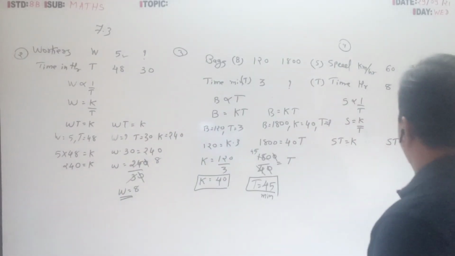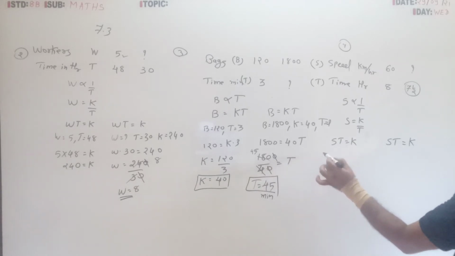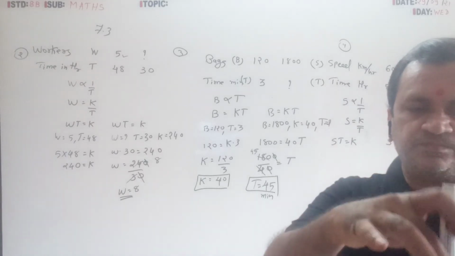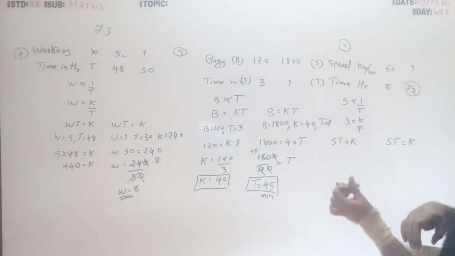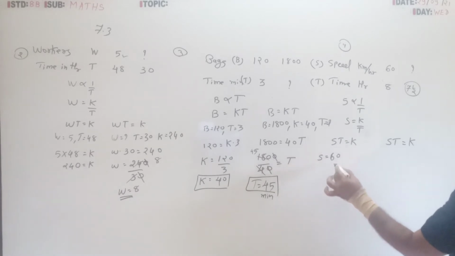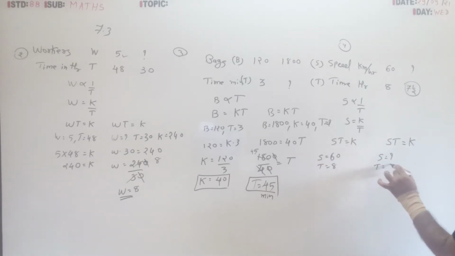So S is equal to 60, T is equal to 8. S is the question when T is equal to 7.5.